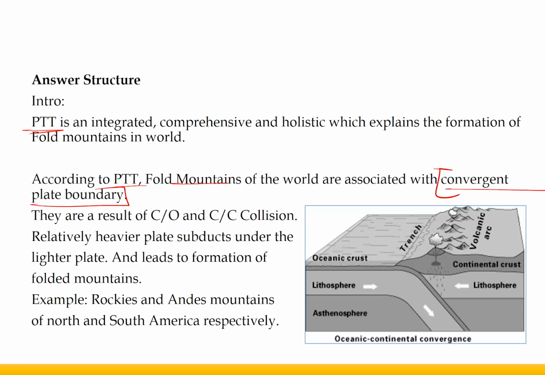Now, convergent plate boundaries are formed at continental oceanic collision and continental continental collision, in which, in both cases, the heavier plate subducts under the lighter plate and leads to formation of folded mountains. Examples you have to give: in continental oceanic collision, Rockies and Andes are examples. In continental collision, Himalayas are examples.